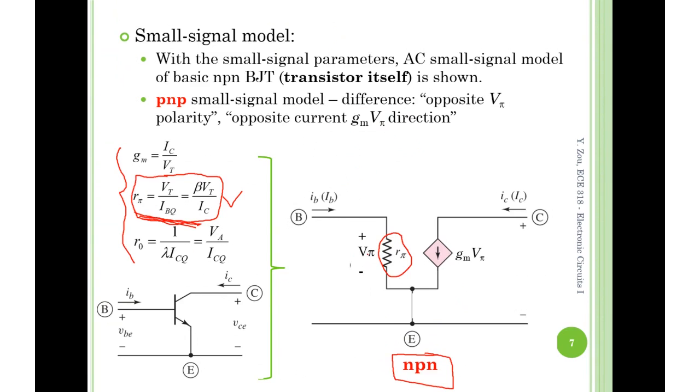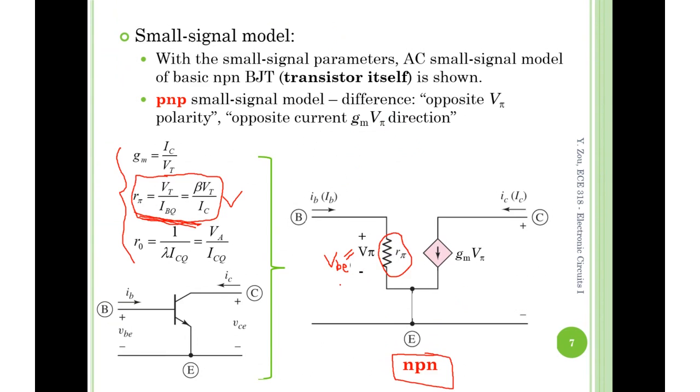Okay. So, and across this R pi, we have a voltage V pi. Who is V pi? Can anyone tell who is V pi actually? You're not confused. V pi is nothing but VBE. Okay. Feel free to use VBE actually in the exam or homework anywhere. We don't have to use V pi. VBE is actually, in my opinion, more meaningful, right?